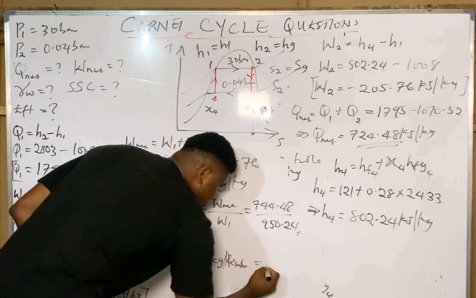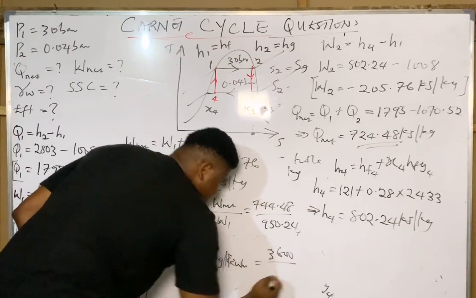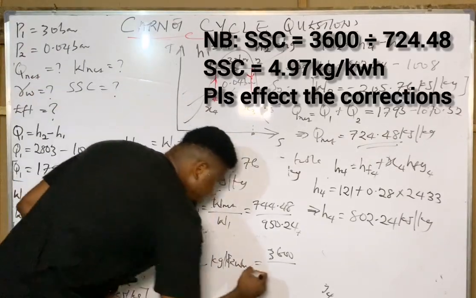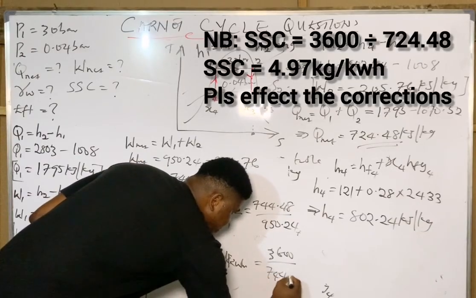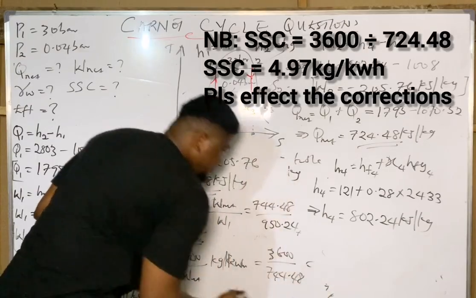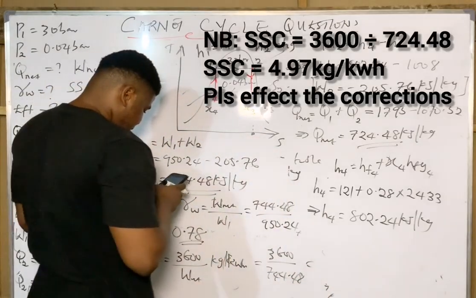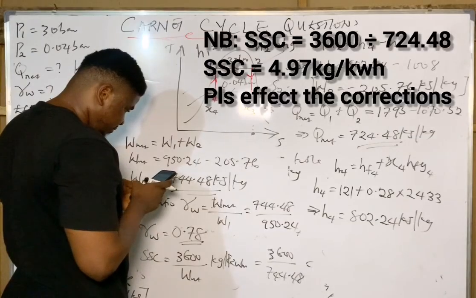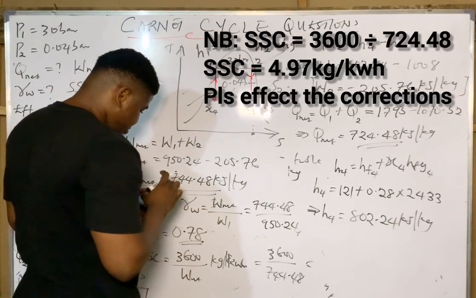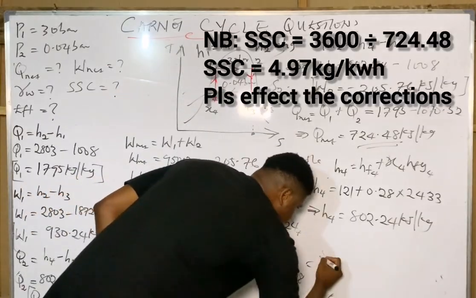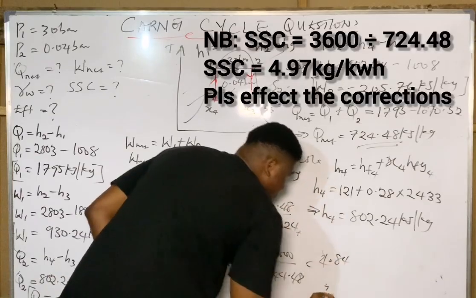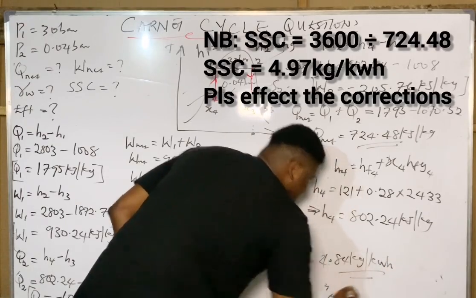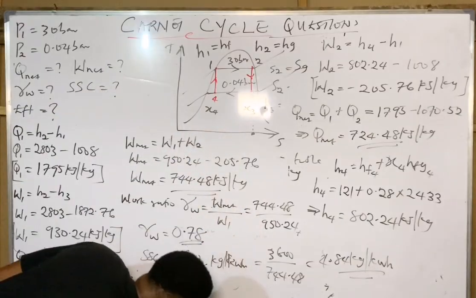So this is equal to 3,600 divided by the net work, which is 744.48. So specific steam consumption is approximately 4.84 kilograms per kilowatt hour. That's the specific steam consumption.